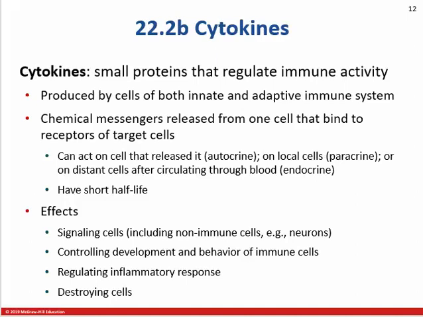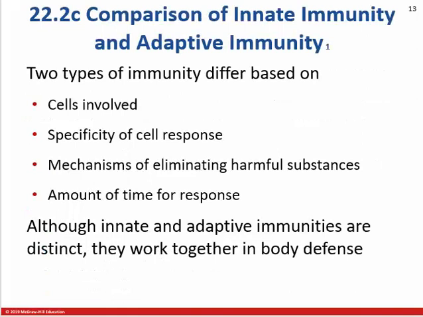They are involved with regulating the inflammatory response. They are also involved with cellular death, with killing cells that have something wrong with them or have outlasted their usefulness. In the next video, we're going to pick up at looking at innate and adaptive immunity.